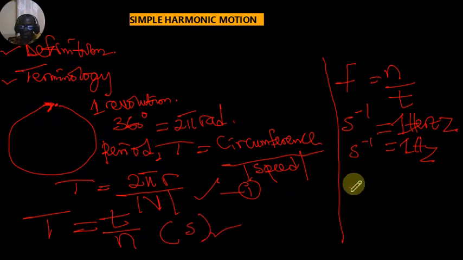So we are through with this. Then we look at amplitude of a body performing simple harmonic motion. Amplitude of a body performing simple harmonic motion is the displacement of the object from the central or equilibrium position. The displacement of the object from the central or equilibrium position is known as amplitude.